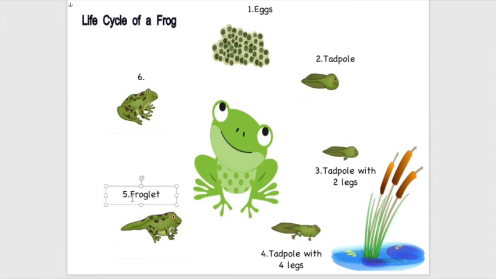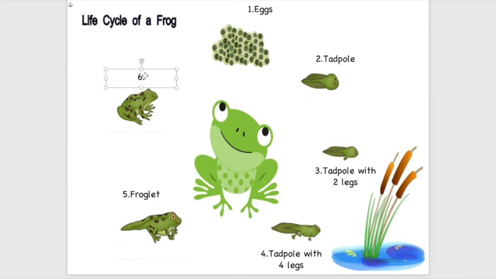F-R-O-G-L-E-T. Froglet. And now that it's a froglet, it's starting to act more like a frog and less like a fish. It's growing lungs and getting rid of its gills. So now it has to breathe air like you and me. How we breathe air, the frog is starting to do that too. It still lives in the water, but it's starting to go up to the surface for air.